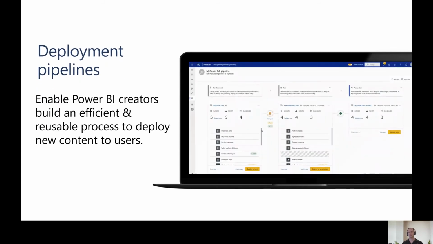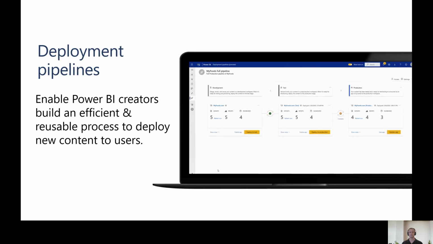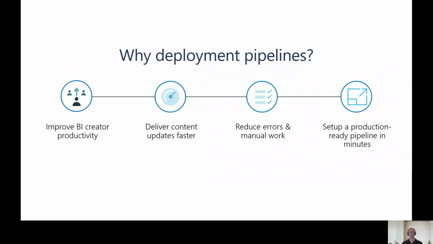Deployment pipeline is a new premium tool that enables BI teams and creators to build an efficient and reusable process so they can deploy new content updates to end users. BI teams who implement deployment pipelines can enjoy improved productivity of their BI developers, who can focus on their core work rather than manual processes or checking 20 times they didn't make a mistake.